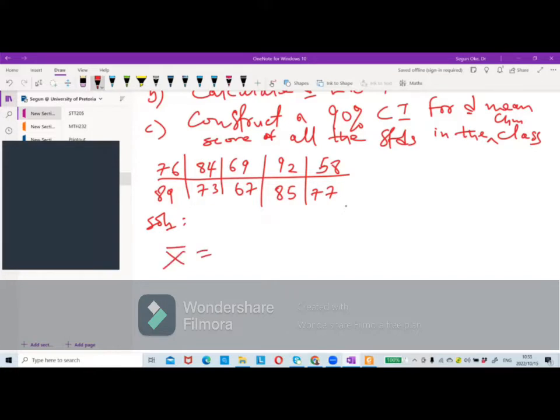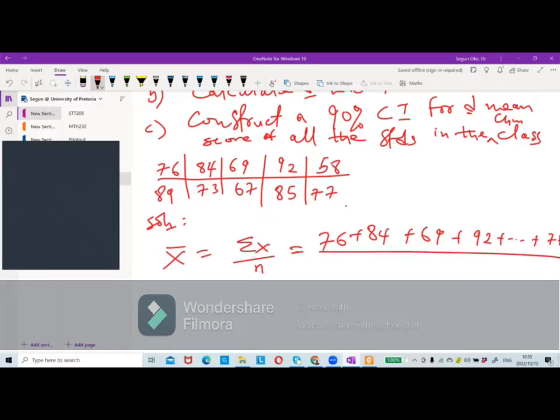Please, every one of us, let's bring our calculators. You are to sum and divide it by number. That is summation of X divided by N, which is what? 76 plus 84 plus 69 plus 92 plus 77 divided by, how many N do we have?